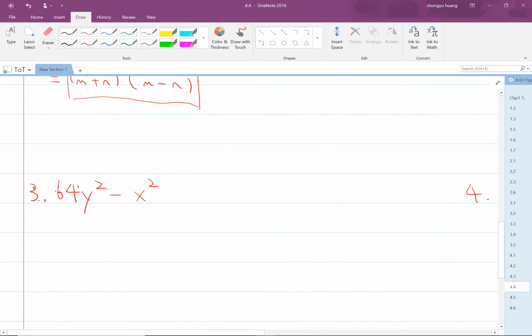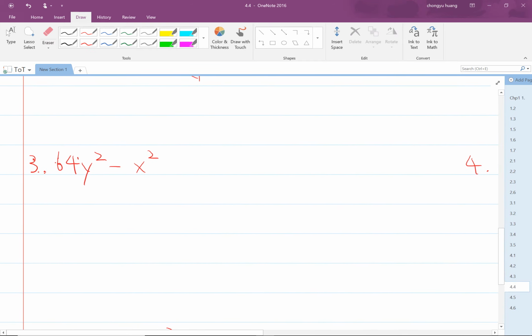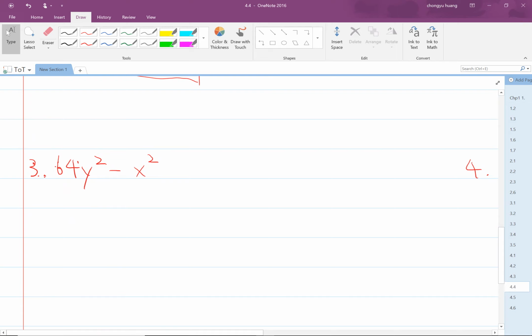Question 3, again we have to use the property. Let me rewrite it a little bit. We have the property a plus b and a minus b equal to a squared minus b squared, right? We're going to use this to factor. The question is 64y squared minus x squared, right?